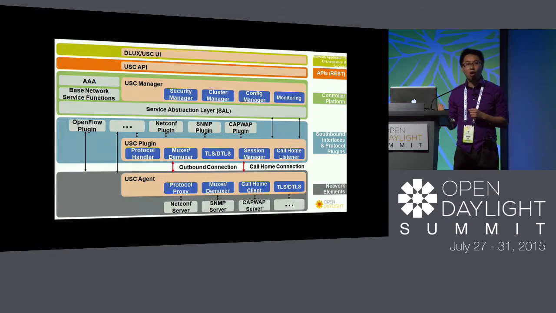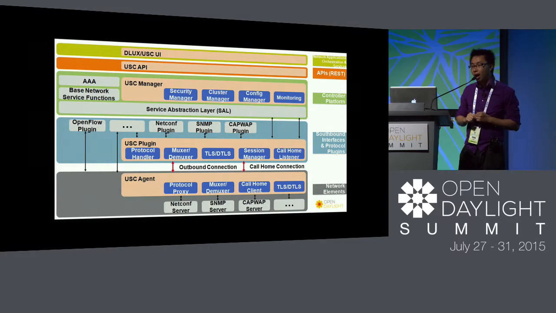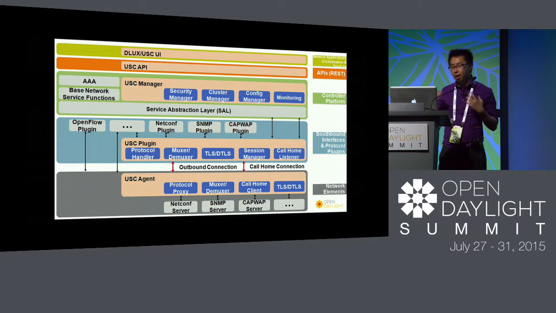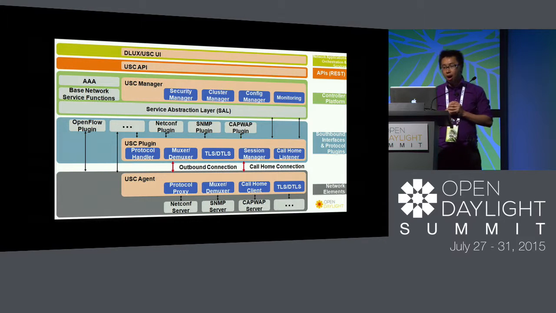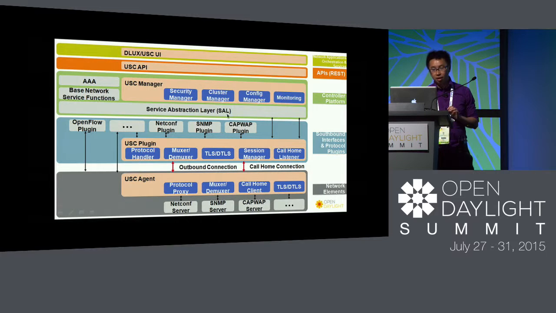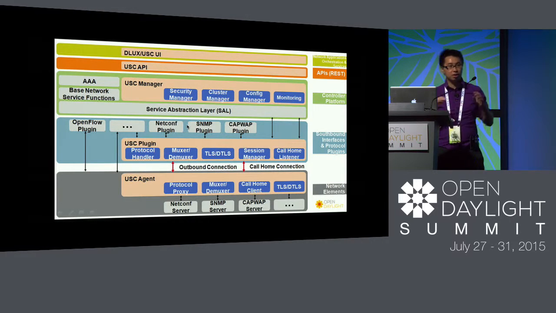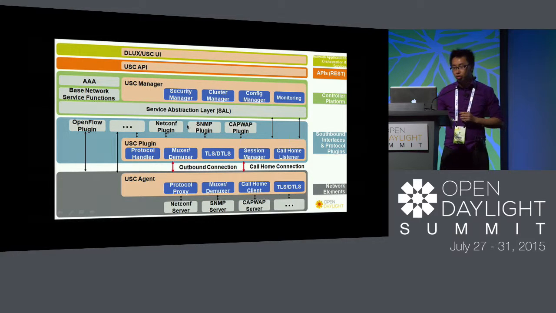Whenever a call home request arrives, it responds by creating an outbound connection to that device. The USC plugin sits below the different plugins, so from the southbound plugins' perspective, it's all transparent. It just runs through the plugin and the agent.